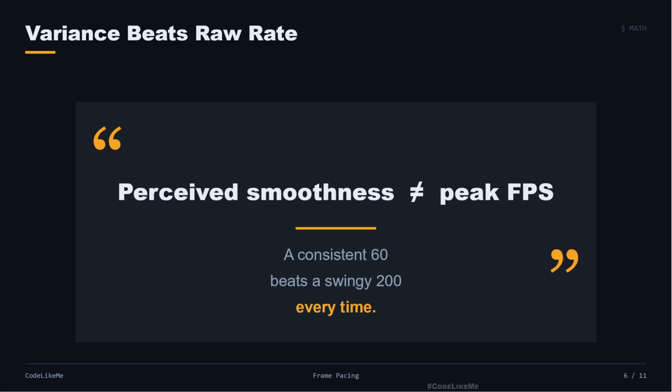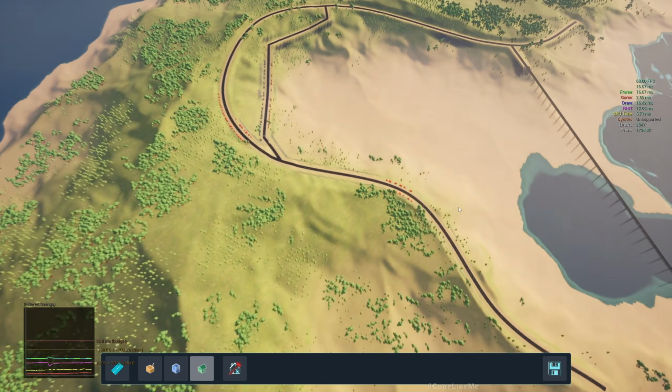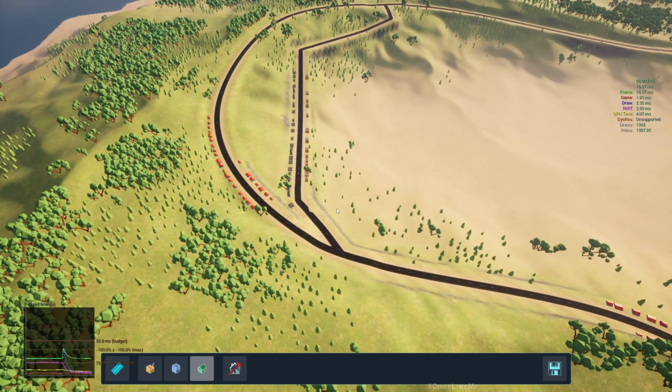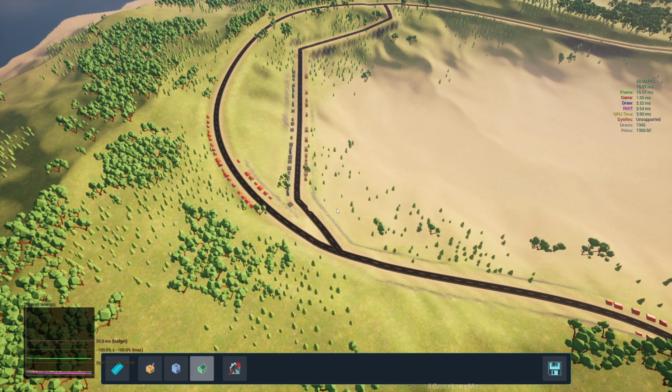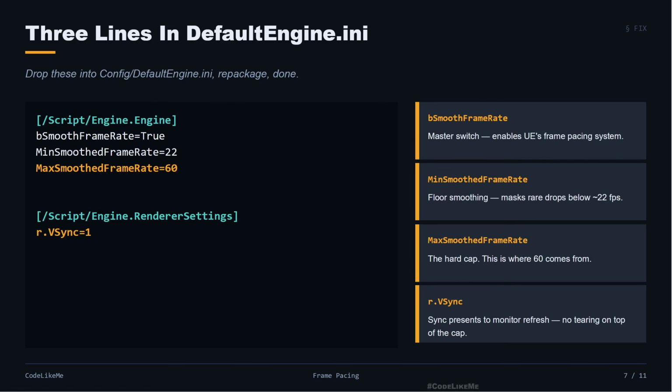The important thing here is that perceived smoothness is not equal to peak frames per second. A consistent 60 FPS is always better than some swingy 200 FPS. Plus, this is a city builder. Why do I need 200 FPS anyway? If it is something like a shooter, I know it makes sense, but for a city builder it should be fine, right?